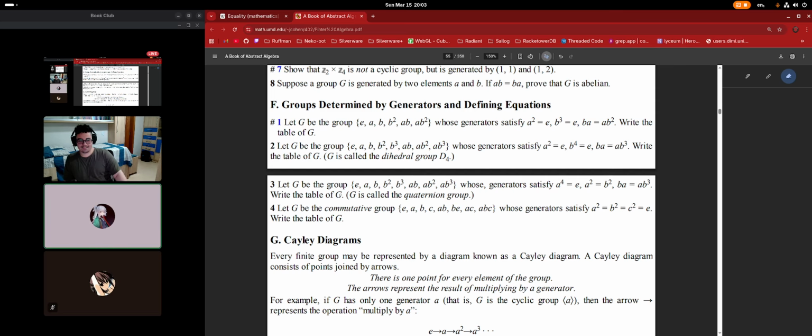This is called the quaternion group because if you translate these to quaternions, E is just the number one, because that's the multiplicative identity. A is the imaginary unit I, and B is the imaginary unit J. Okay, I see. We are mapping these coordinates to another set of coordinates.